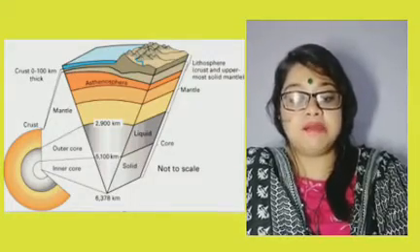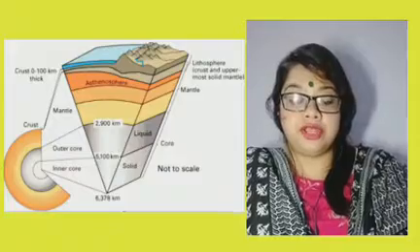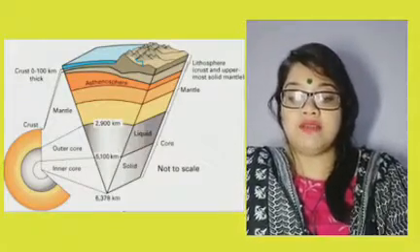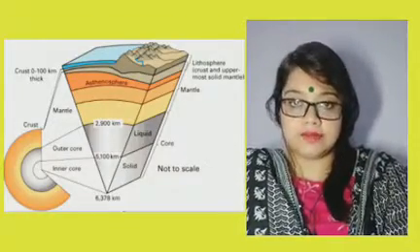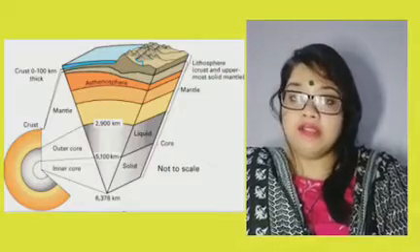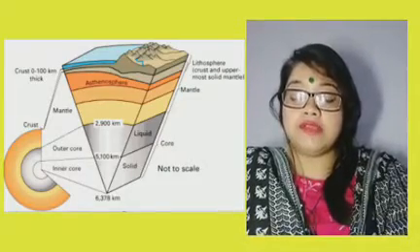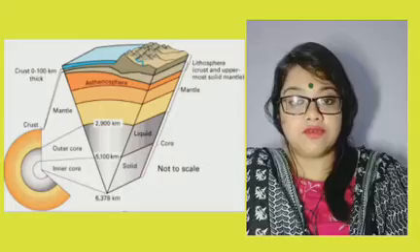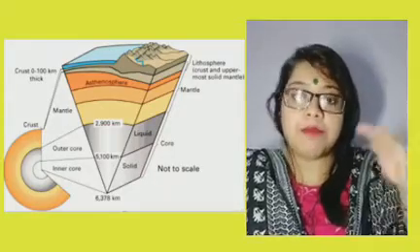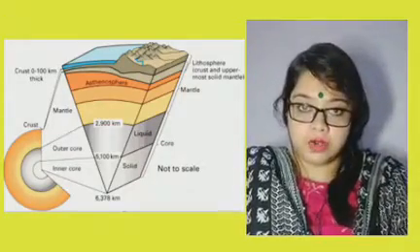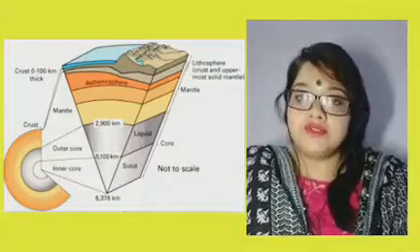Now you may ask me why the inner core is solid in nature. This question is very relevant and often comes in your examination. The answer is the inner core is in a solid state because of the heavy pressure of the upper lying layers.